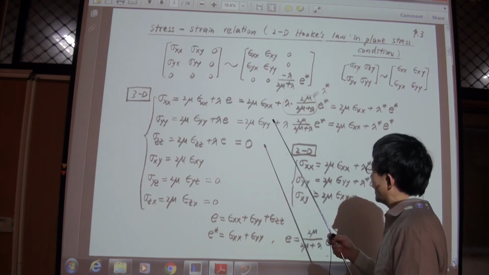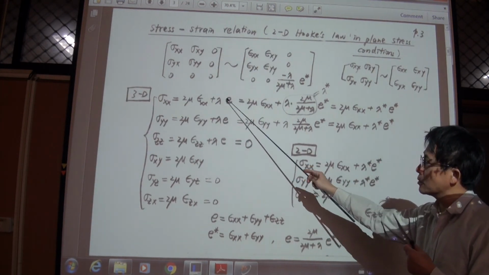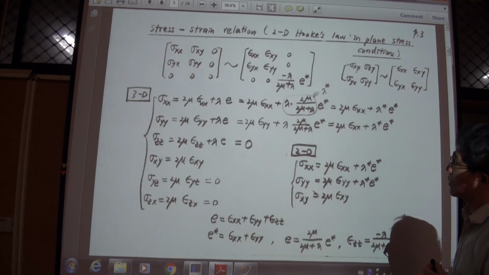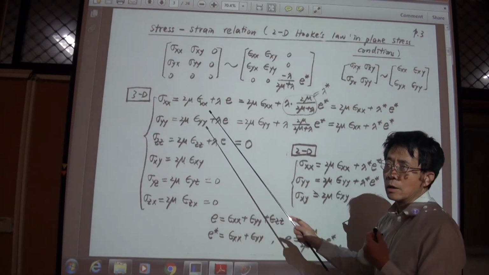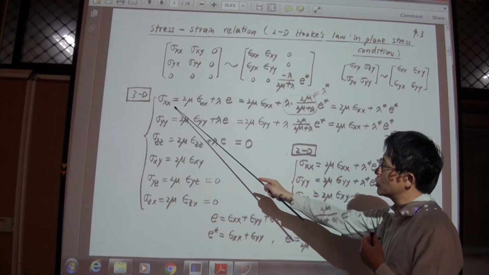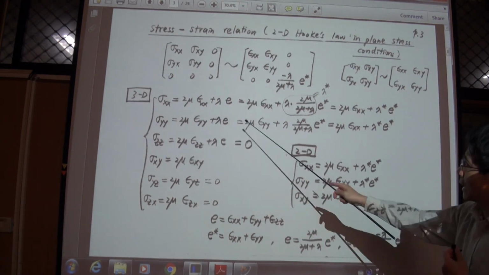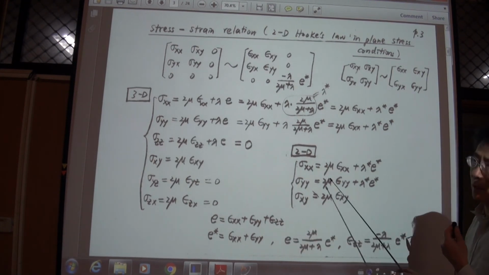Even though the number of equations has been reduced from 6 to 3, the mathematical structure of the normal stress and normal strain relation is the same. And the shear stress and shear strain relation is the same too.